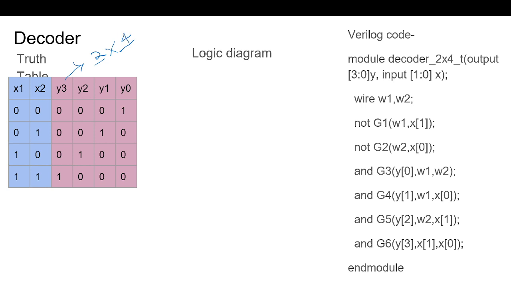For writing the equations, we can directly write them from the truth table. Output y0 is 1 whenever x1 is 0 and x2 is also 0.